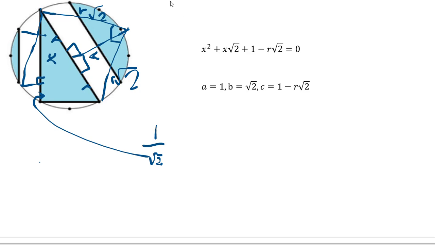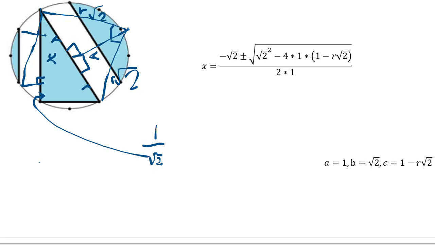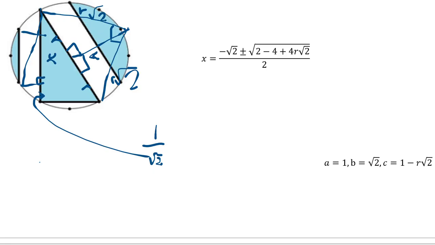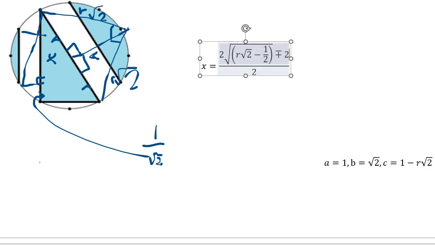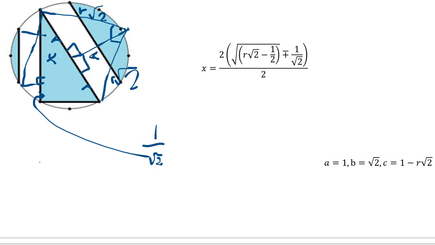Now we're going to simplify the equation using the quadratic formula. Now I can cancel out both of these 2's right here.